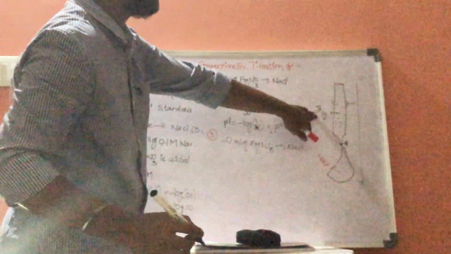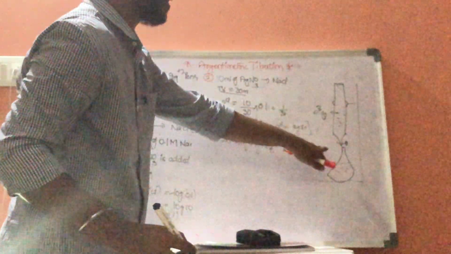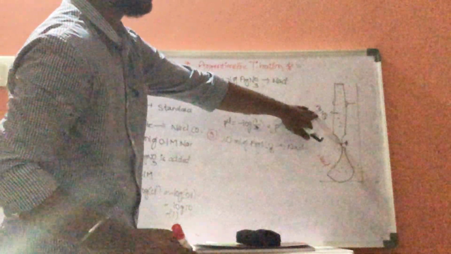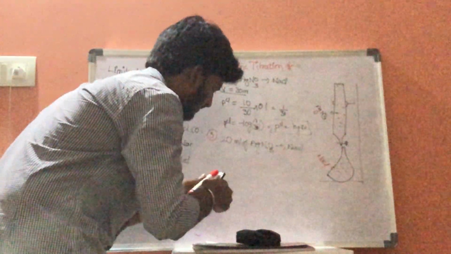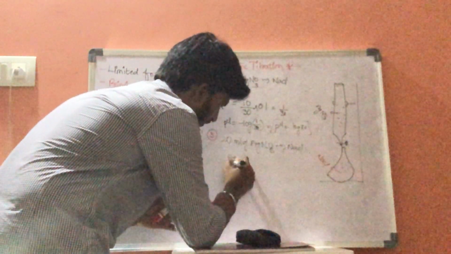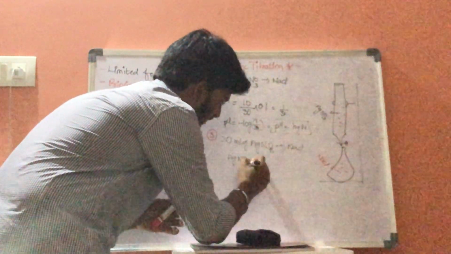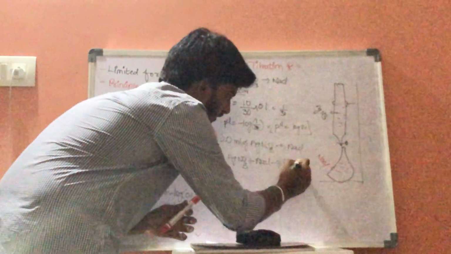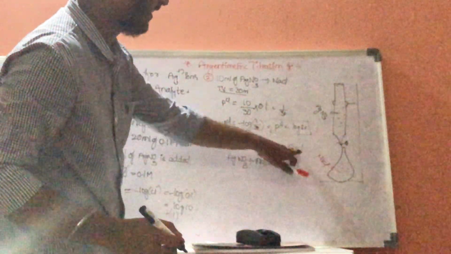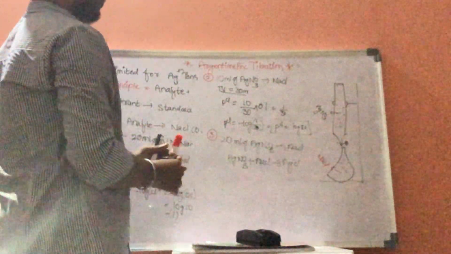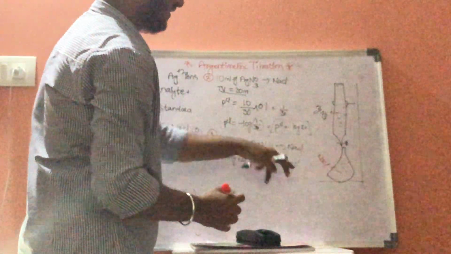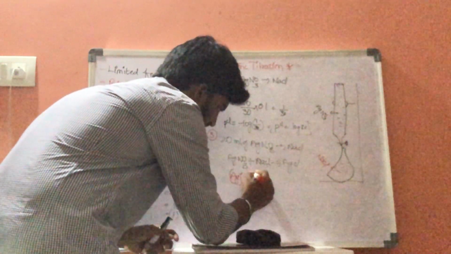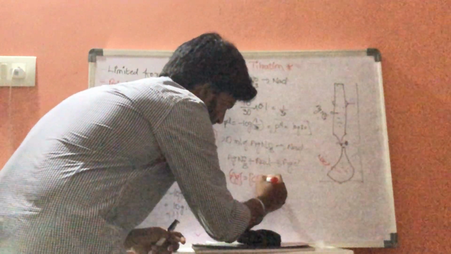Now this 20 ml of AgNO3 will react with NaCl completely to form AgCl. This is the product we get. Now here the concentration of Ag and Cl will become the same.